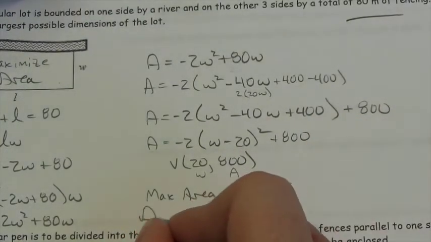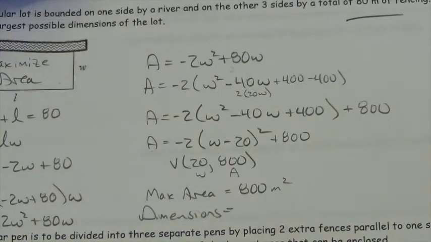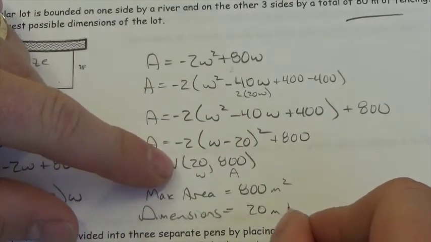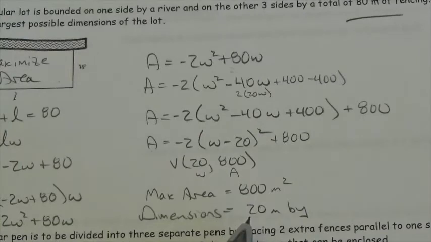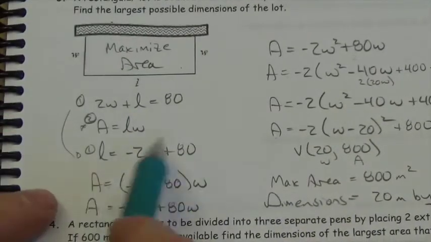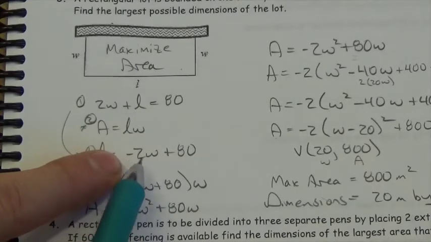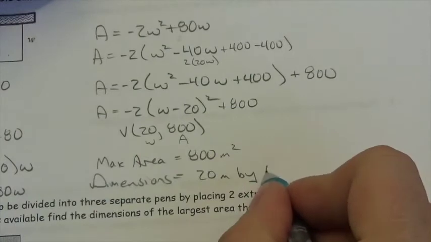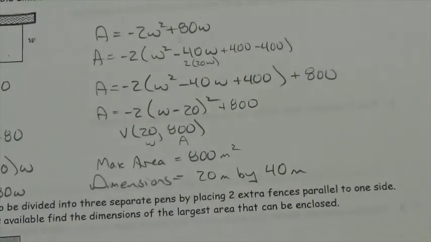The dimensions of this largest area are going to be 20. Now, let's think about this. If I knew what W was, I need an expression for L. Well, here we go. If I plug 20 in for this, negative 2 times 20 would be negative 40 plus 80. Oh, okay, there we go. 20 meters by 40 meters. And those are the dimensions that we're looking for.